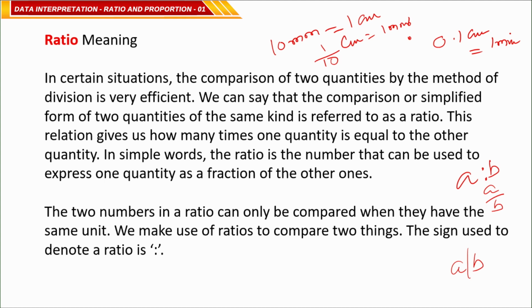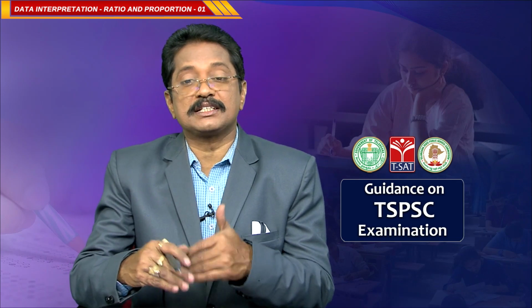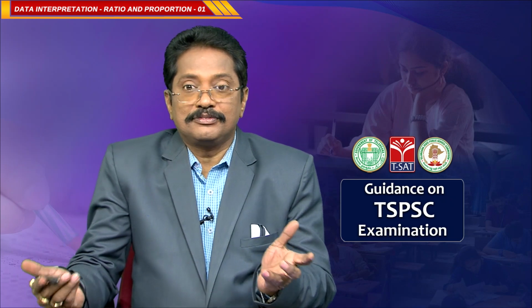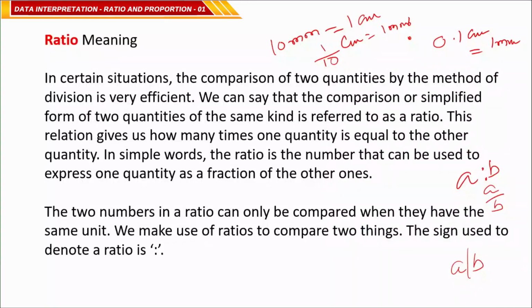It is just a fraction: we expressed millimeter in terms of centimeters, meaning 1 by 10 centimeters. Do you feel it is correct? In this way we can express a ratio in the form of a fraction.